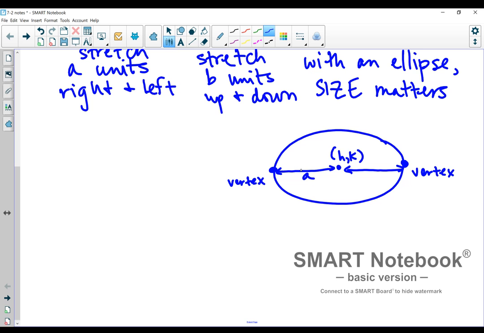And because it's stretched more in the x direction, my x-axis is my major axis. And because it's not as tall as it is wide, our y-axis is the minor axis.